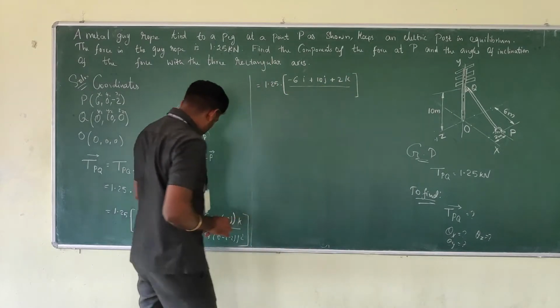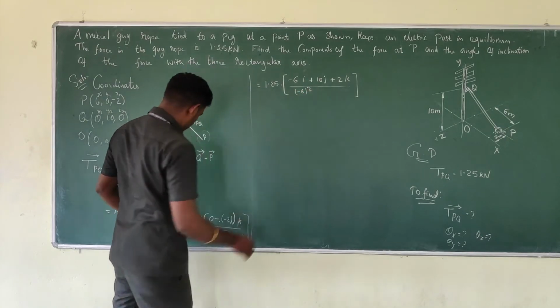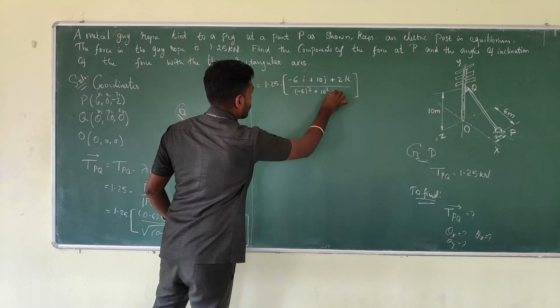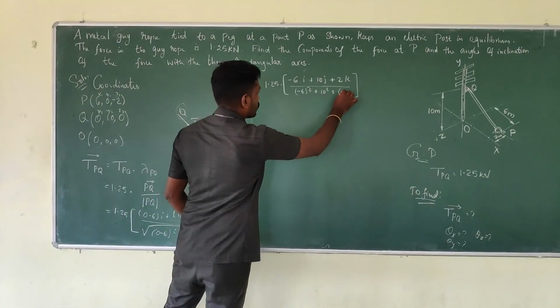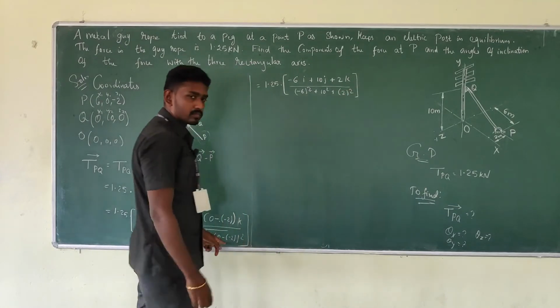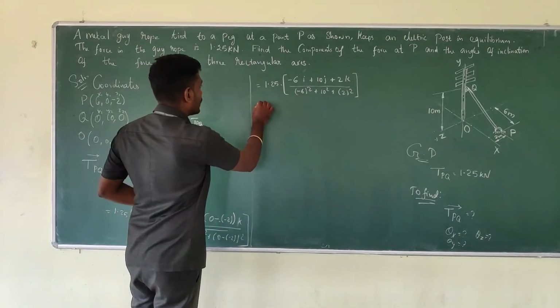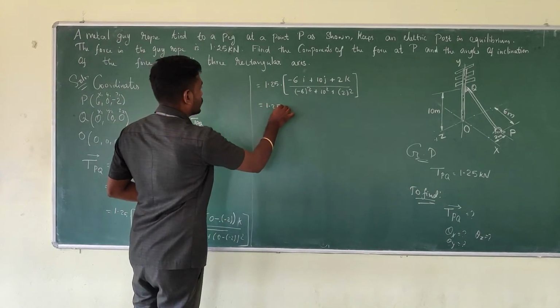Similarly, if you simplify it, here will be minus 6 the whole square, and here it will be plus 10 the whole square, plus here it will be 2 the whole square, okay. And the next step, what we can do is try to simplify it.